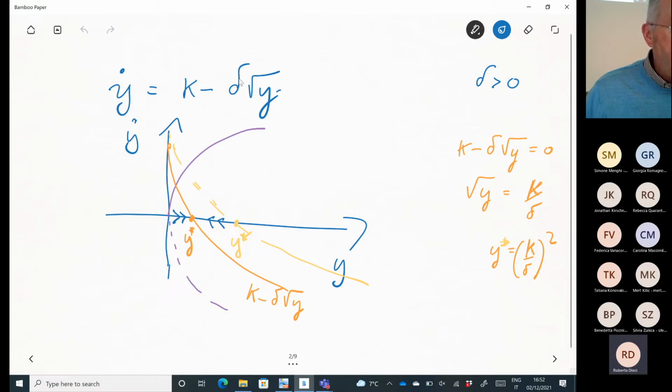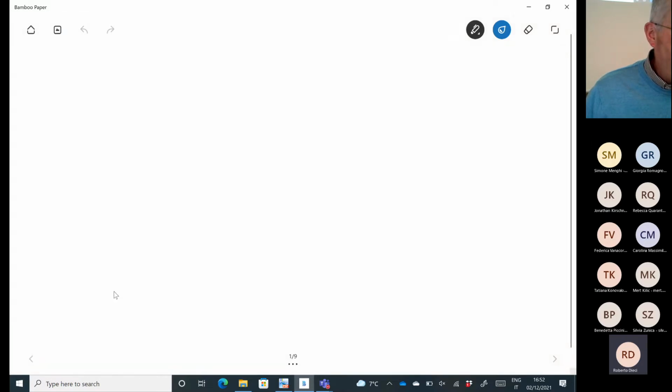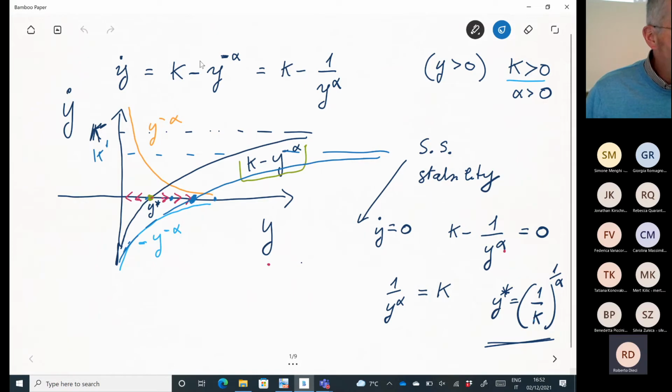So this is one way to model the absorption capacity. And in the previous example, we have another way to model it. Underlying this mathematical formula is the assumption that the absorption capacity decreases with the level.